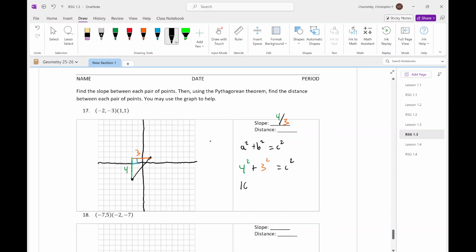Four squared is 16. 3 squared is 9. Add those together and we get 25 equals c squared. Take the square root. And we get c is equal to 5. So the distance is going to be 5.